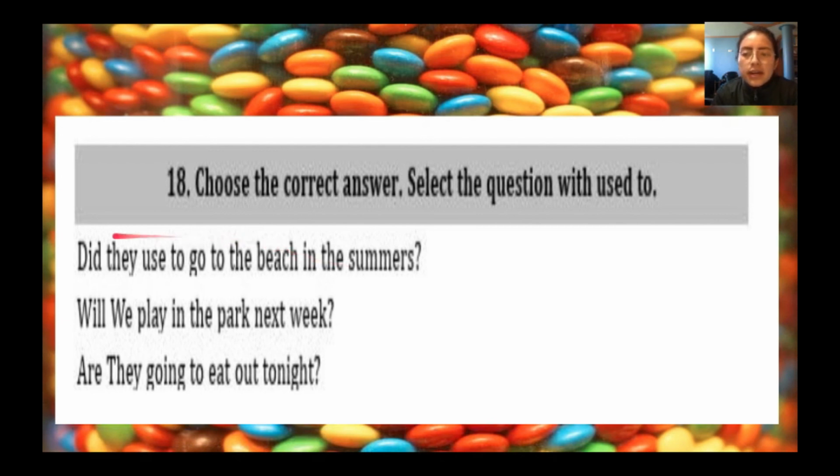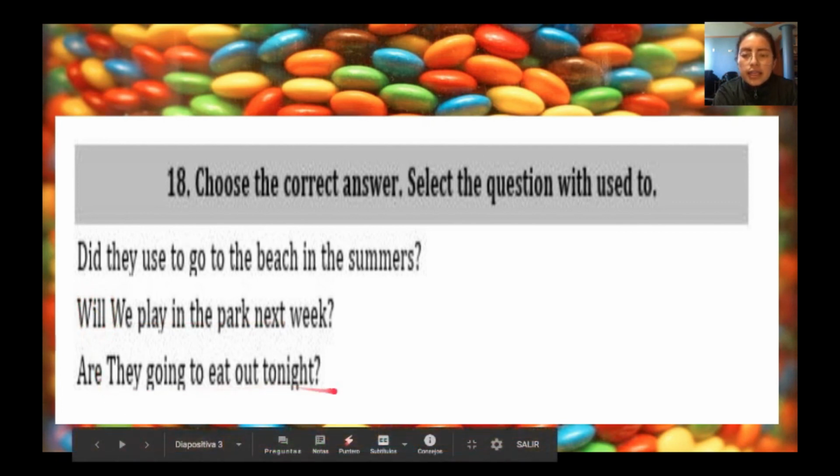Okay, the first sentence, la primera. Why? Because the sentence is using used to. In question, you have to use in the first part the auxiliary of the past, did. In this sentence, the sentence is using the future will, and in this is using the present continuous.